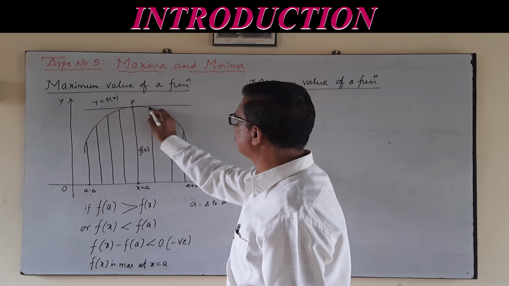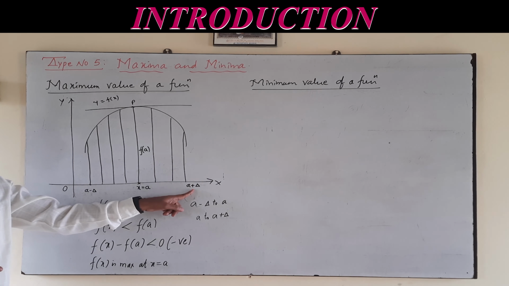Now from the figure we observe that the function f of x steadily increases from a minus delta to a, and then it decreases from a to a plus delta.